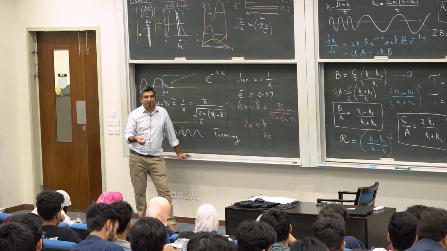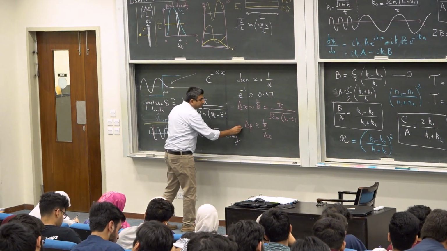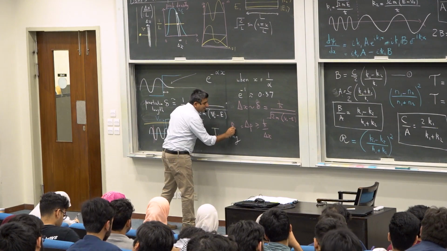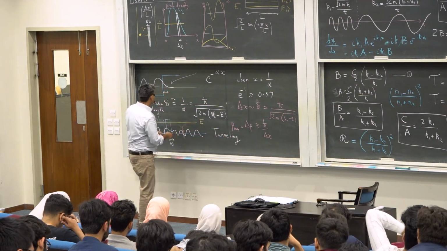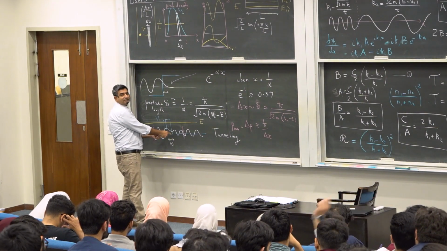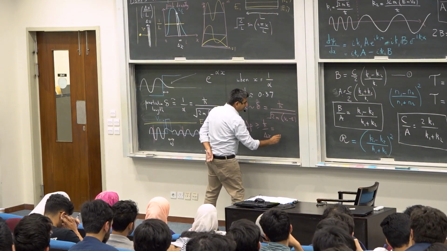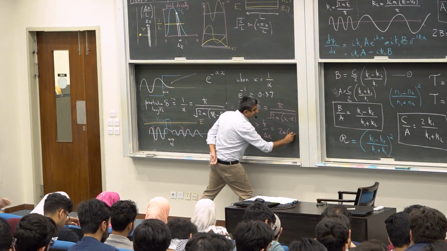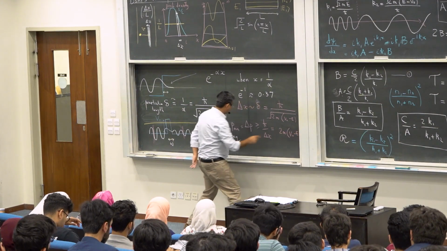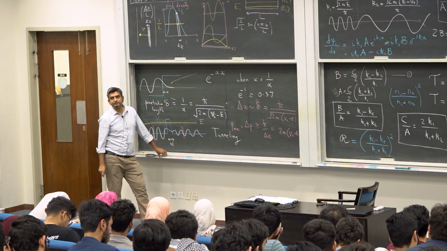You can't have momentum which is smaller than the uncertainty in the momentum. So this p minimum for the particle, if it were to be located in this narrow region, has to be equal to this. This of course is equal to the square root of 2m(V0 minus E). Now this is my minimum p.